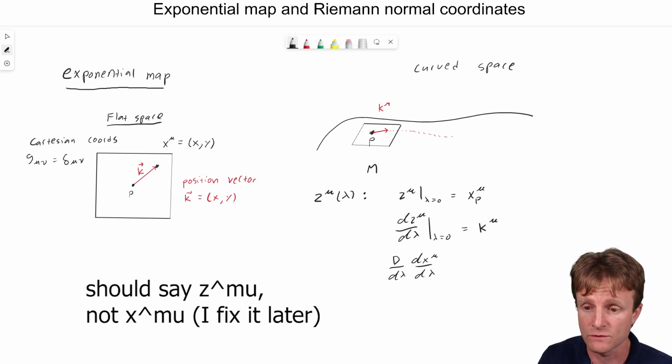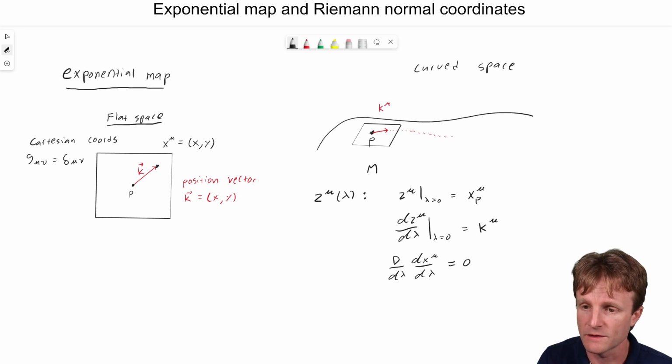So giving the initial value and the initial derivative will indeed uniquely determine the solution. So these three equations determine the curve z^μ(λ). And we use the affinely parametrized geodesic equation.